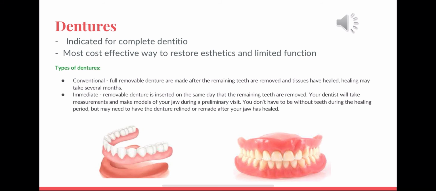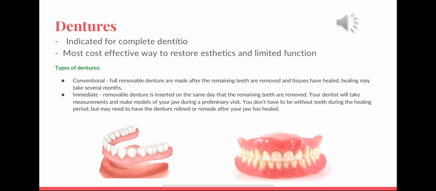This is the most cost-effective way to restore aesthetics. However, these do have limited function, as you may have heard. In these situations, all remaining teeth must be extracted, and this prosthesis is made to replace the missing teeth.